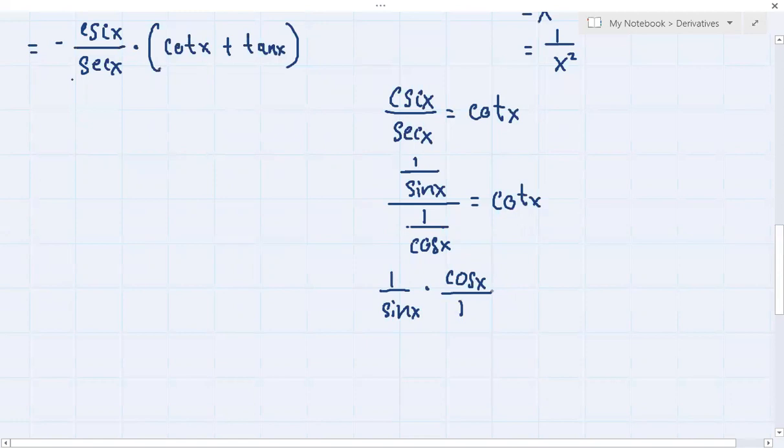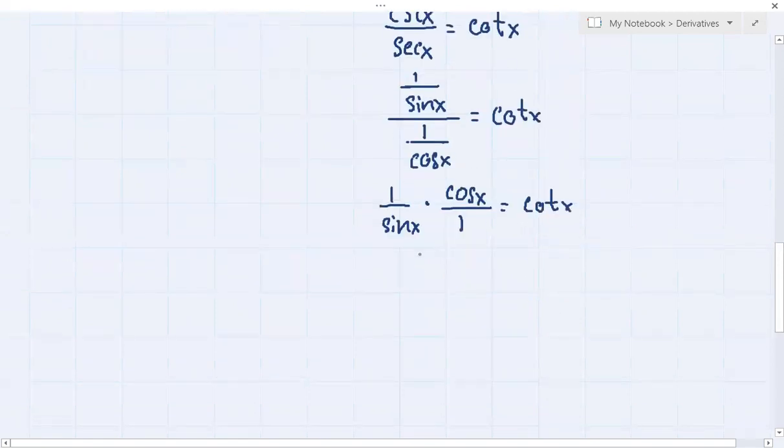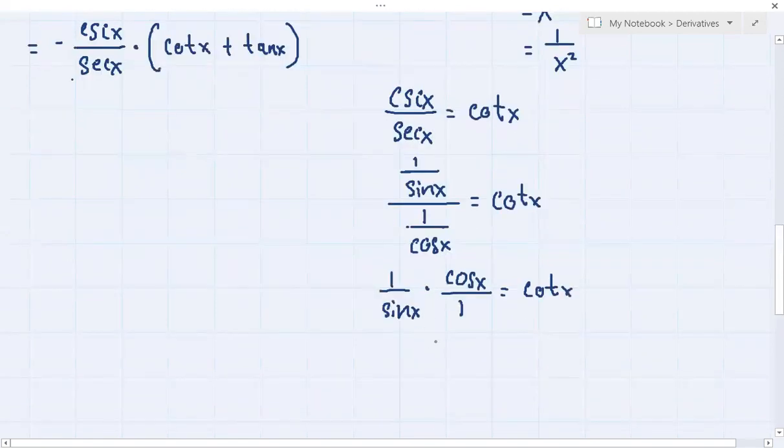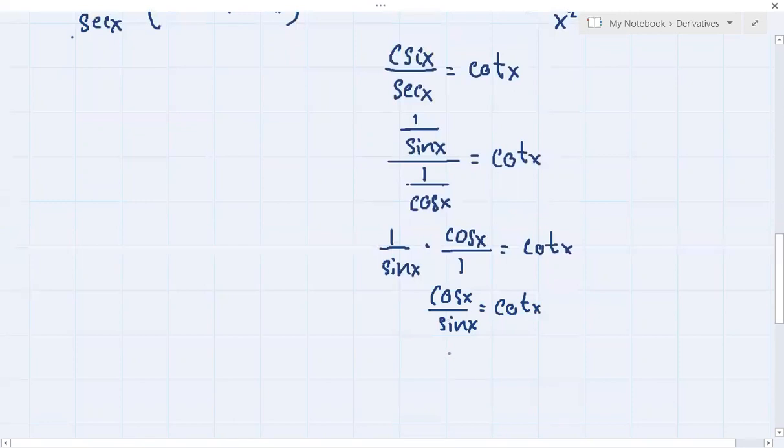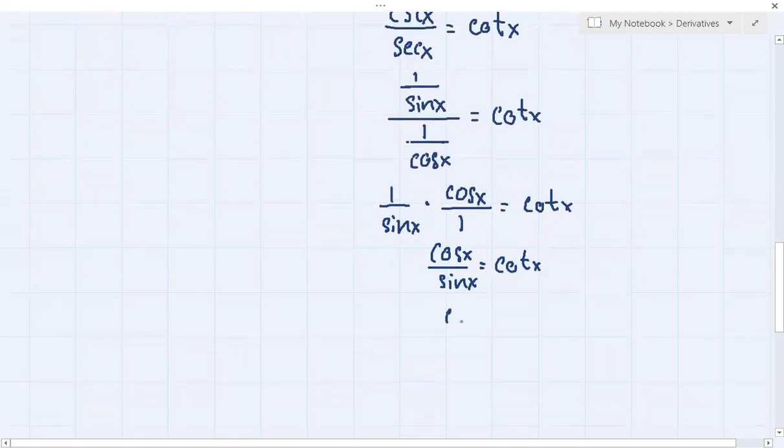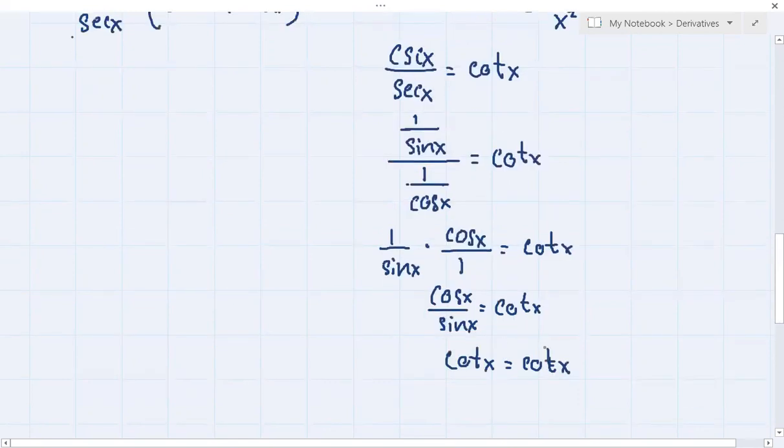Ganito maging resulta niya if you're going to reciprocate this type of fraction. Now, let's multiply together. We will have cosine x all over sine x is equal to cotangent x. Hence, cosine x all over sine x, which is the same as cotangent x, is equal to cotangent x. So, it is verified and proven.